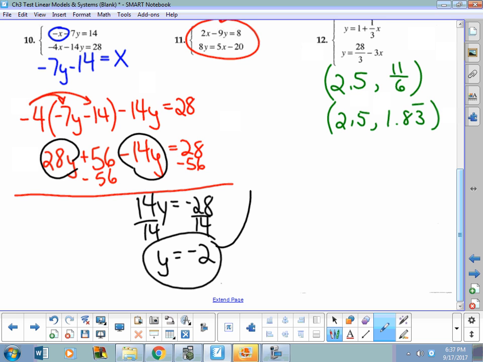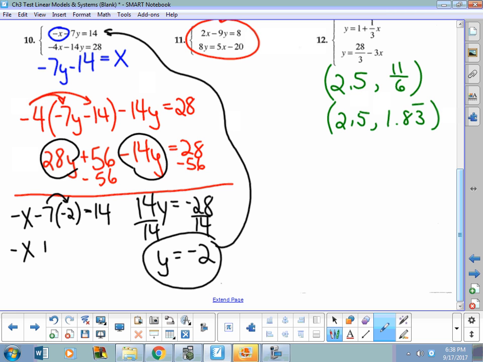Take that negative 2 and put it into either equation, whichever one you think might be a little easier. I'll put it in the top one. And I'm going to solve for x. Let's solve for x, so I'm going to substitute again. Just be careful about this. This is where people slip up, all these little signs.